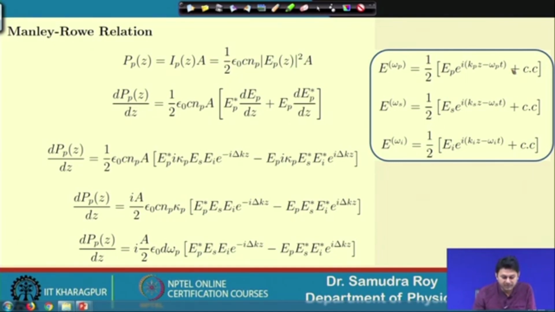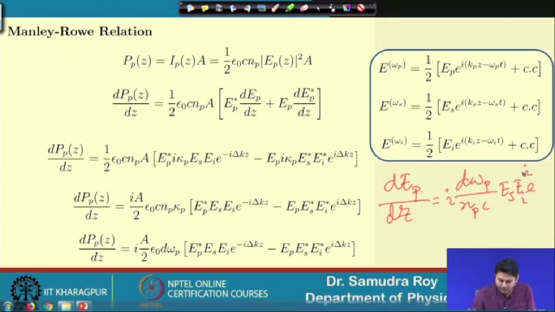In the previous class we already found dE_p/dz equal to i omega p over n_p c, times E_s E_i e to the power of i delta k.